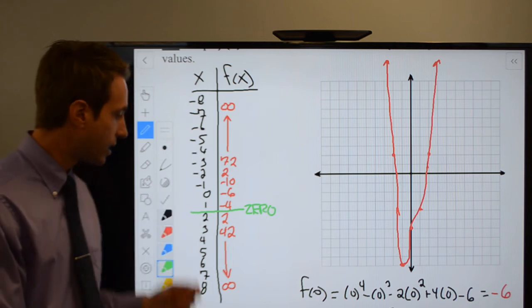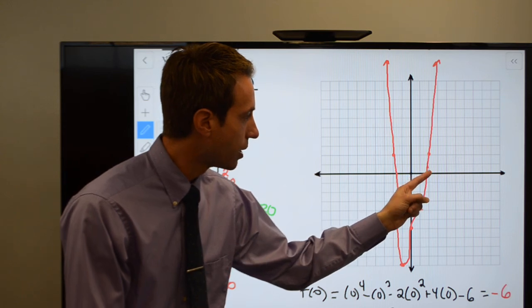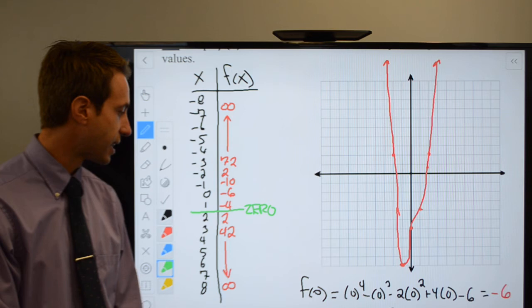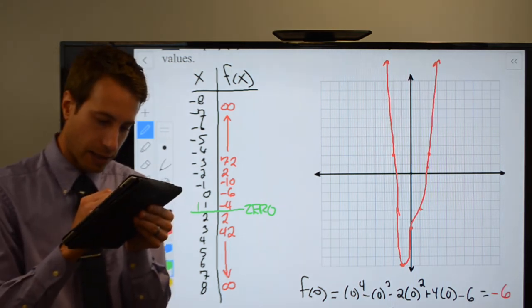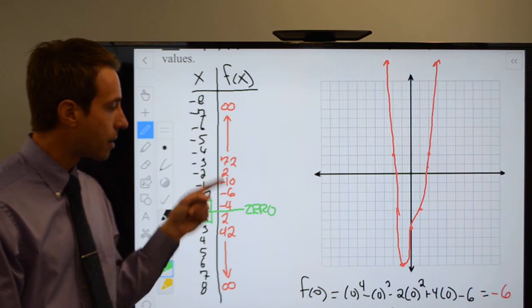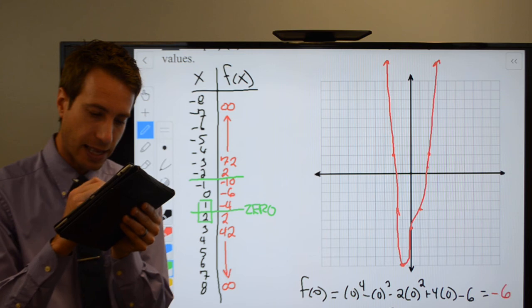And that's exactly what I see. Between 1 and 2, I cross the x-axis. There's +1, there's +2, and right between those guys, I cross the x-axis. So these are my consecutive integers. Guys, it happens again right up here, -10 and a +2. That sign change means I must cross the x-axis. I got a 0 somewhere in there.